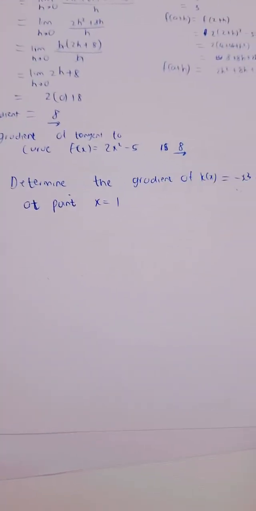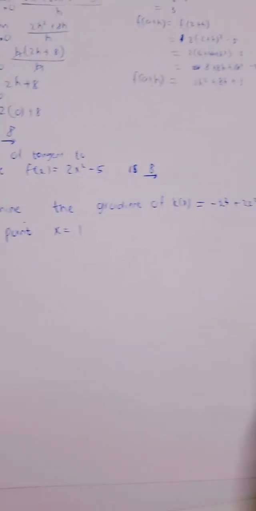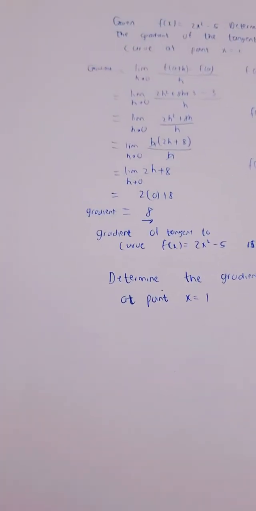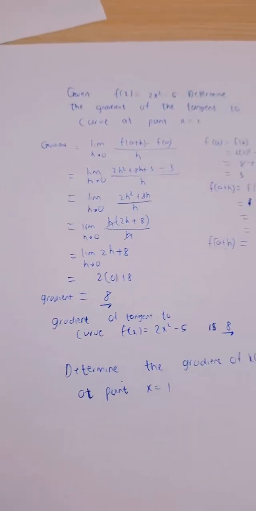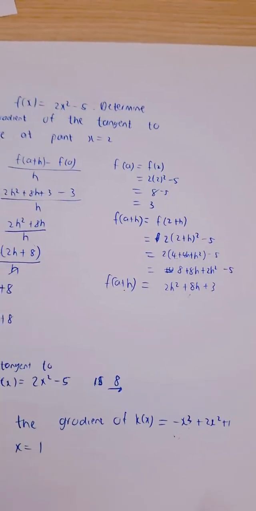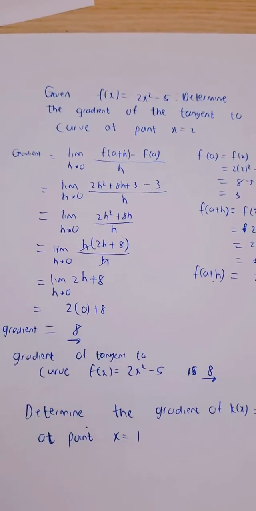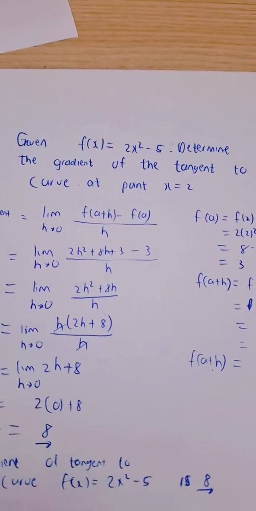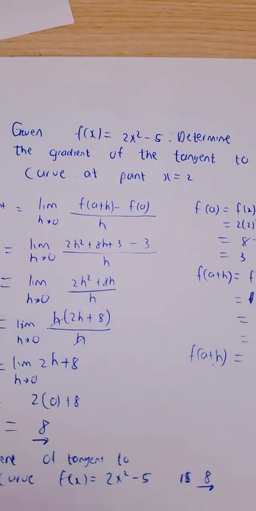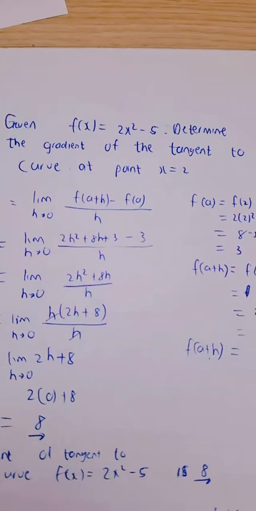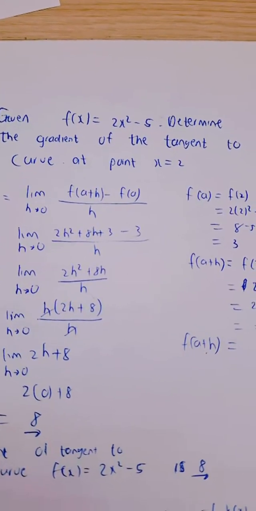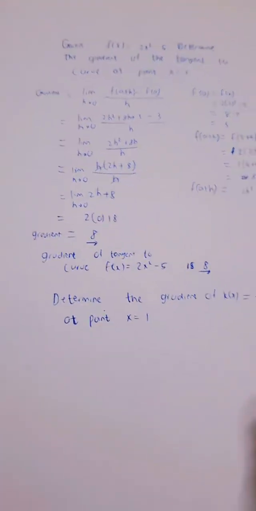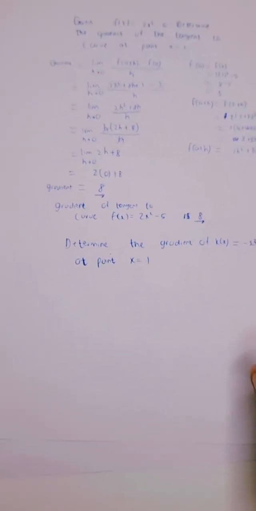So I think we get the point, right? I think the concept has been explained to fruition. So remember, guys, this is just us using the idea of average gradient together with the limit to find the gradient at a point on a curve, the gradient of the tangent to the curve at the point that is given.